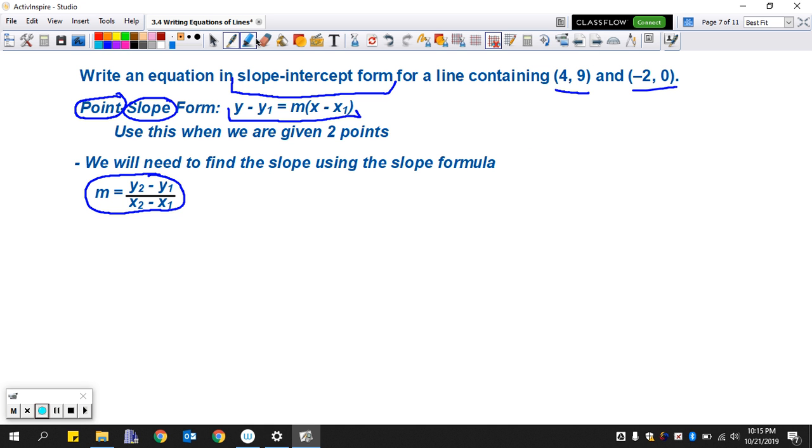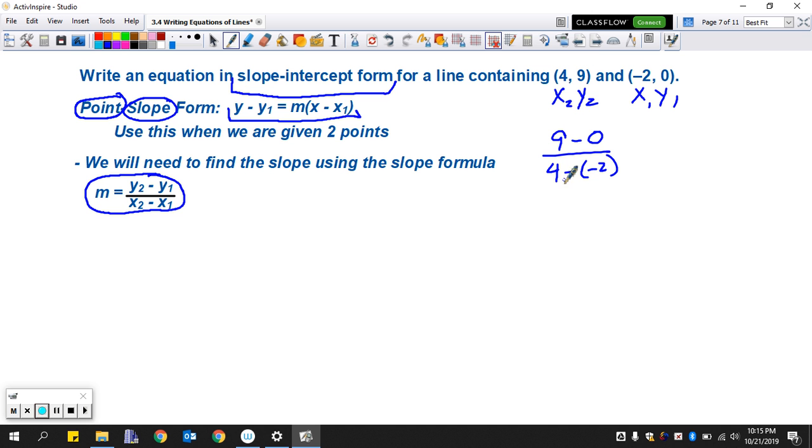All right, so when we do that, we remember from the lesson last week, we want to label them, and I'm going to label this x2, y2, x1, y1. When we plug that in, that gives us 9 minus 0 over 4 minus -2.